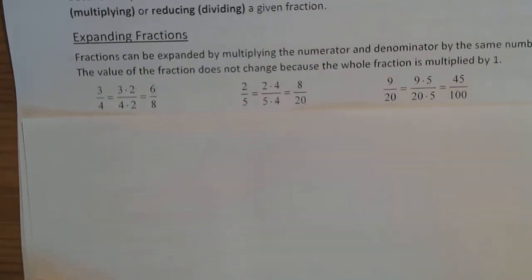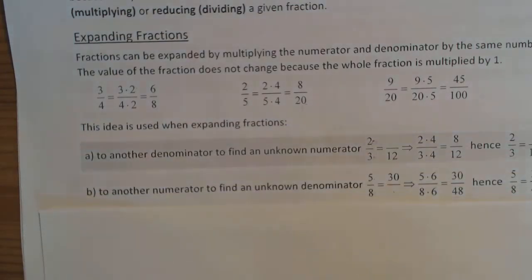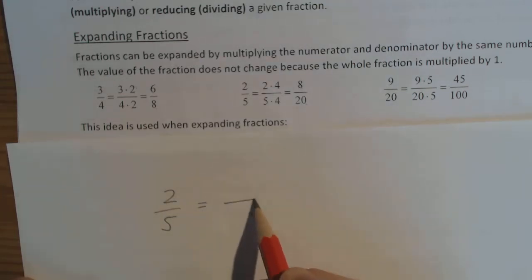Okay, now expanding fractions can be useful for finding the top number or the bottom number of a fraction. For example, we're going to have a look at how we find the numerator or top number of a fraction. For example, if we've got 2 over 5 equals something over 10.